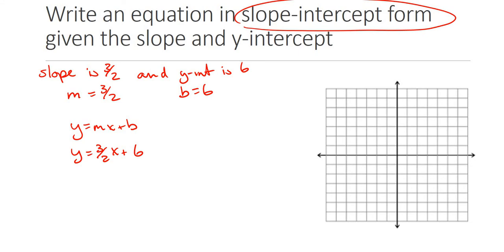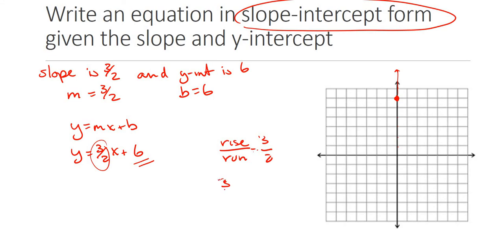And again, I can graph this if I want, starting with the y-intercept always: 1, 2, 3, 4, 5, up 6. Counting the slope from there, my rise is 3 and my run is 2. Now, it's a little hard to go up 3 from here because I'm off my graph. So I want to look at this.